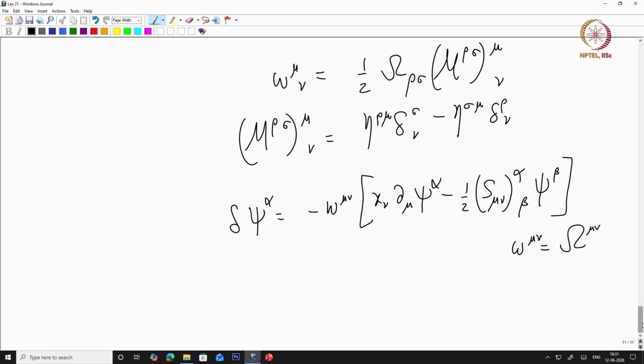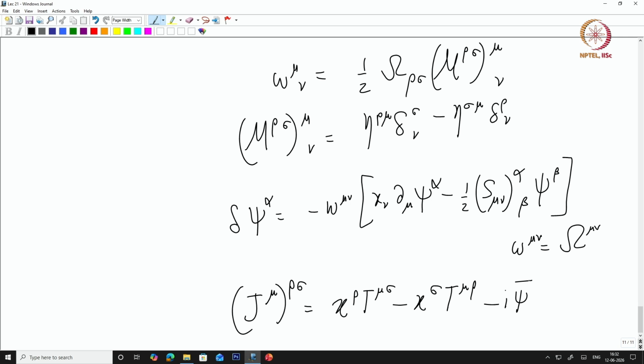So this gives you a thing J mu rho sigma, which is equal to x rho T mu sigma minus x sigma T mu rho minus psi bar gamma mu S rho sigma psi.